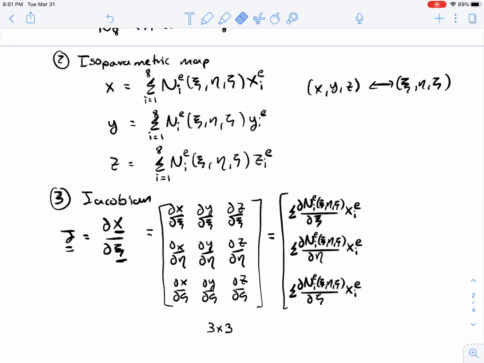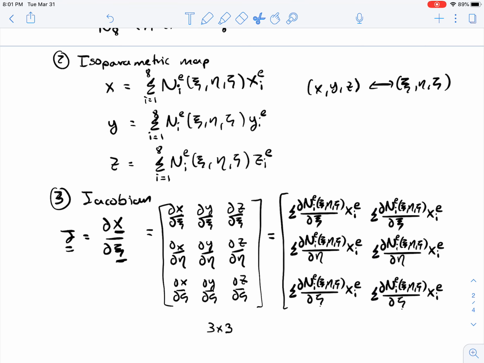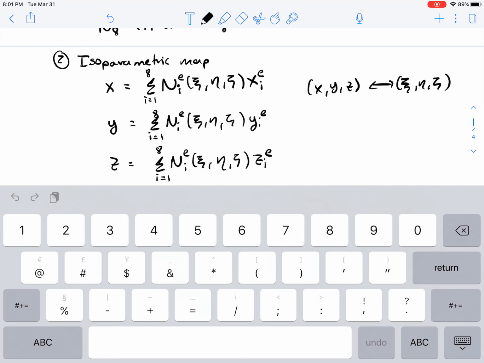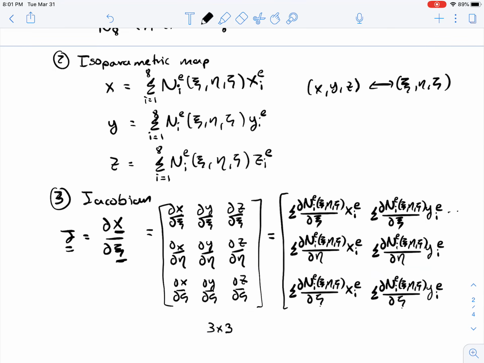So I need to take the partial derivative with respect to psi times the x coordinates, the partial derivatives of the shape functions with respect to eta times the x coordinates, the partial derivatives of the shape functions with respect to zeta times the x coordinates, and repeat for y. So this looks exactly the same but for y, and I'm not going to write the z. So this is y, and then just do dot dot dot.